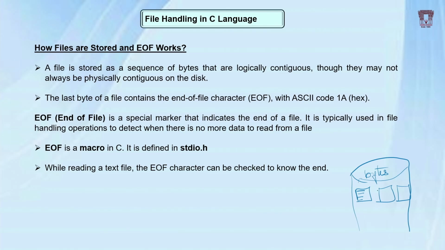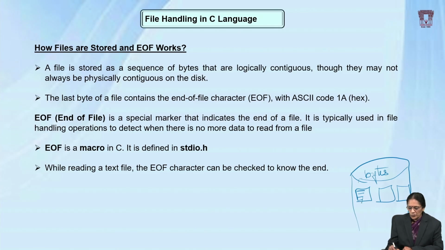Understanding how it is stored is most often related to another subject called an operating system. But for us, the data is logically contiguous, though it may not be physically contiguous on the disk. The last byte: how will you understand that this is the last byte, after which the file content does not exist?